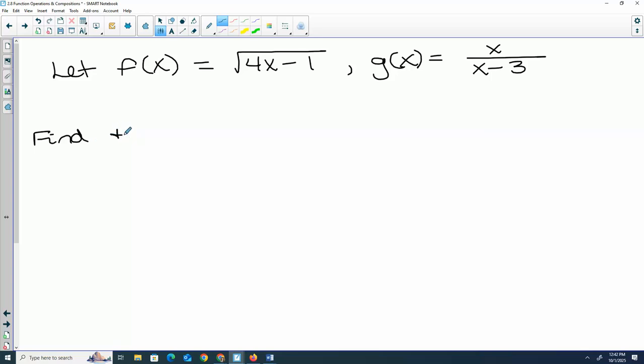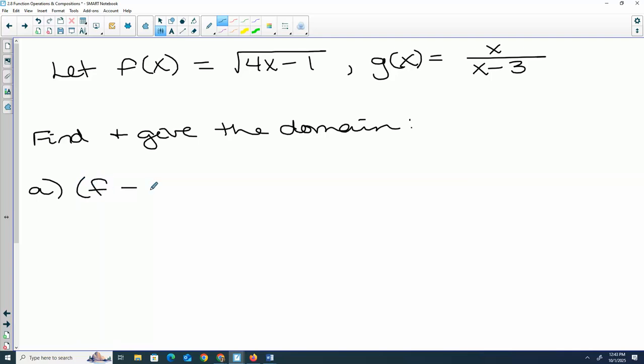I want to find and give the domain for the following. If I say f minus g of x.